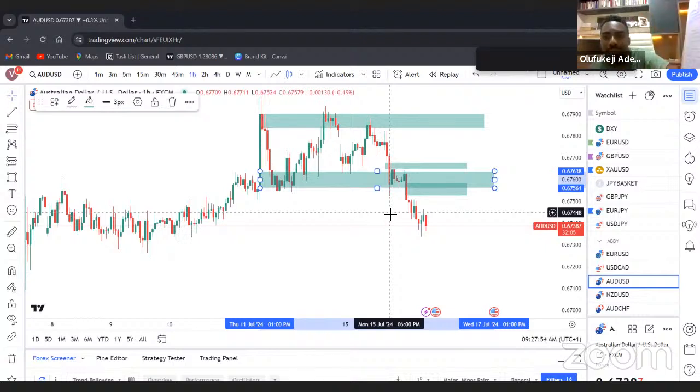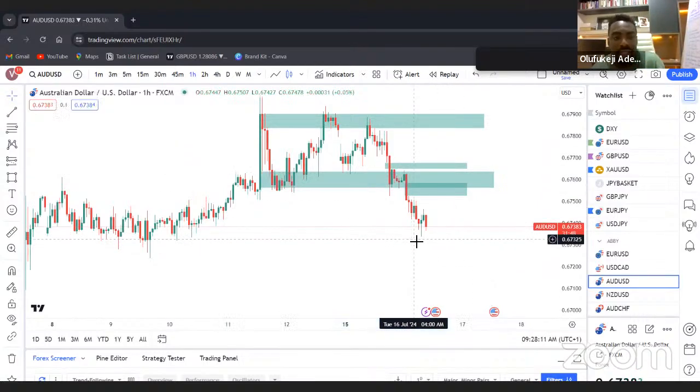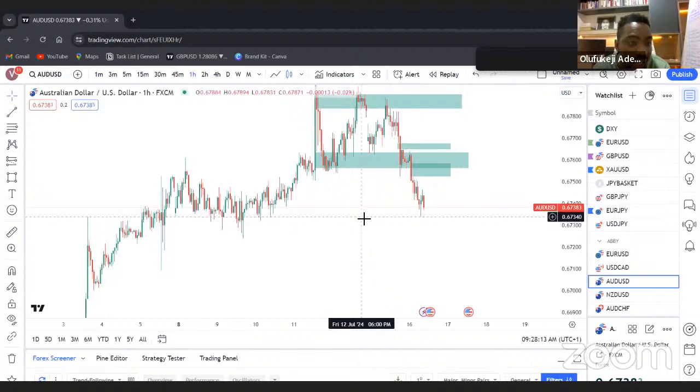So one can now fib it and look for 50% equilibrium for our entry. All right? For our entry. But before I would do that, I want to see all these lows taken out. Those lows of 8, 9, and 10. Because the accumulation there is serious. It can frustrate any move that you want to see. All right?